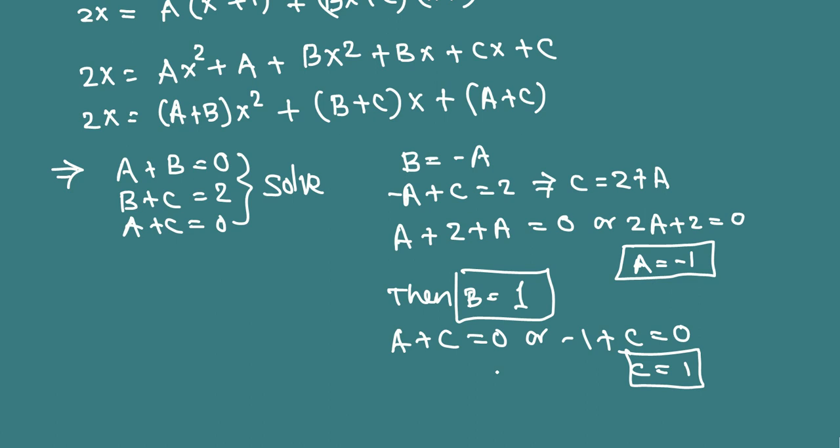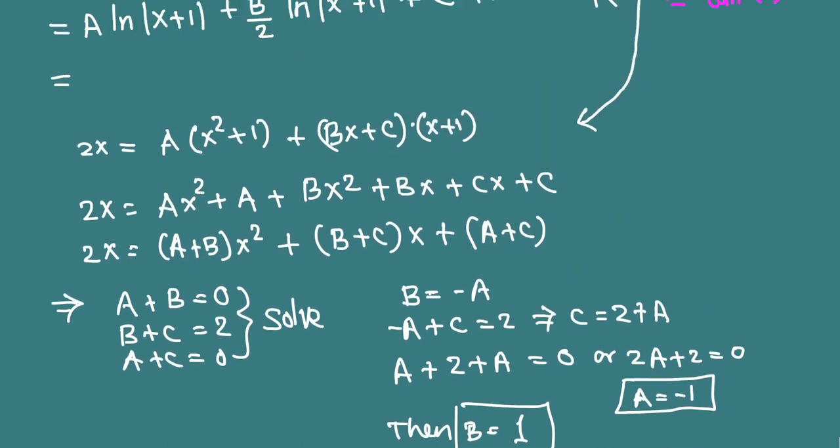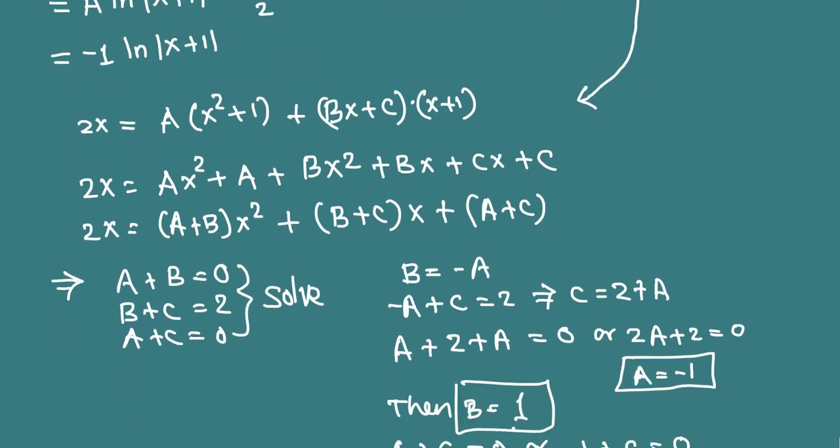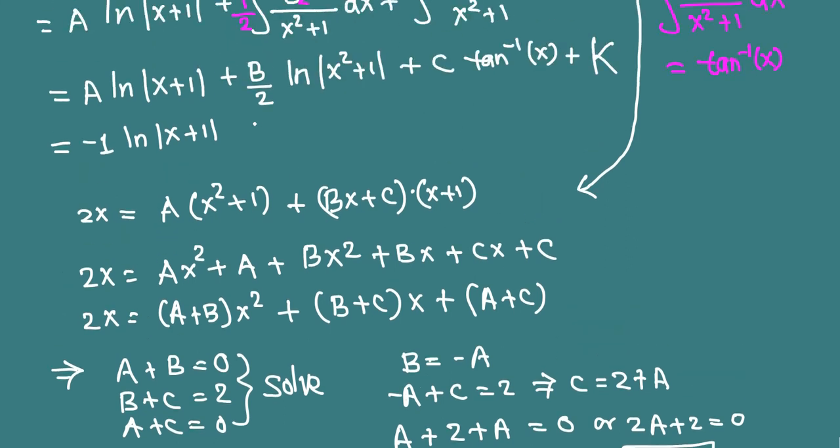Okay, go back and write down your final answer. So a equals negative 1. So this is negative 1 times natural log of x plus 1, or just negative natural log of x plus 1. And b was found to be 1, plus 1/2 natural log of x squared plus 1, plus c was found to be 1, so tangent inverse of x plus k.